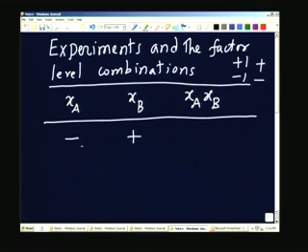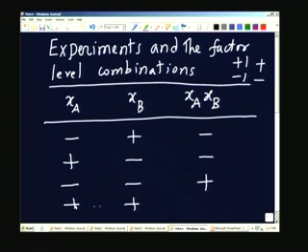That means this is -1, this is +1. This low value, this high value. I can take plus here, minus here. I can take minus here, minus here. I can take both positive. So, the x a x b will be simply the product of these two. Minus into plus is minus, plus into minus is also minus, minus into minus is plus, and plus into plus is plus.